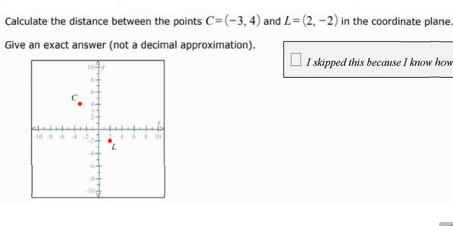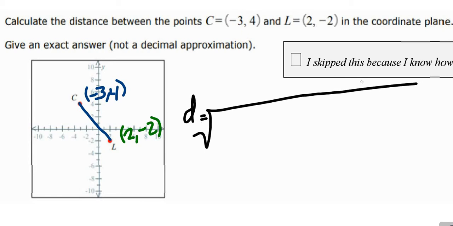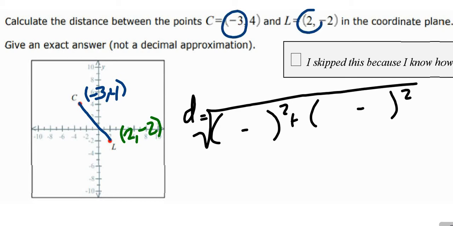It says we want to find the distance between the points C at (-3, 4) and L at (2, -2). So distance equals... left to right.